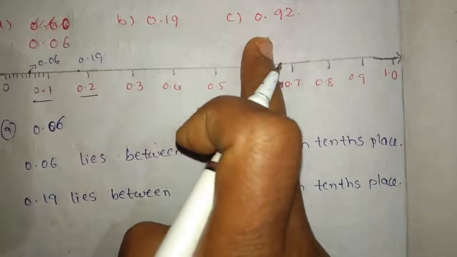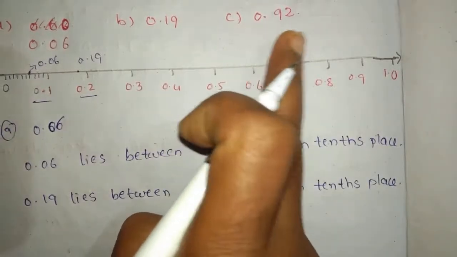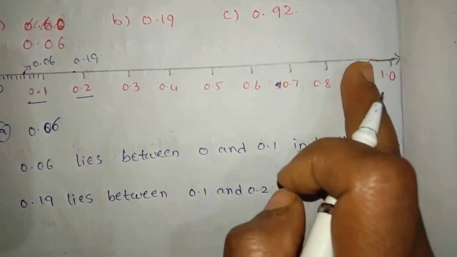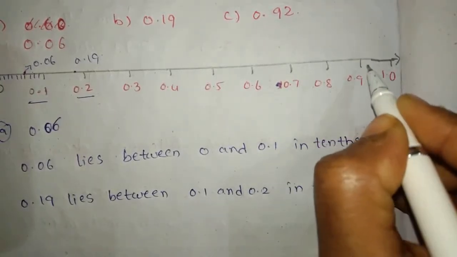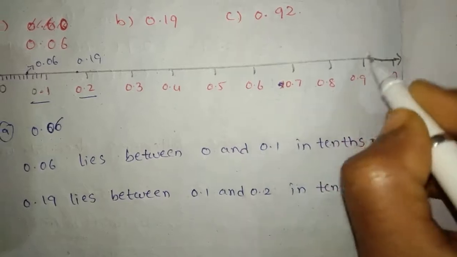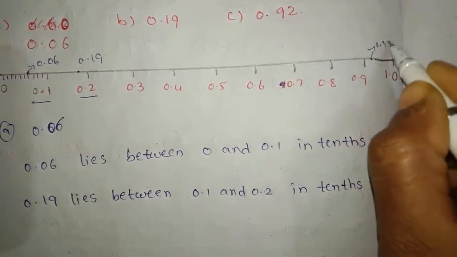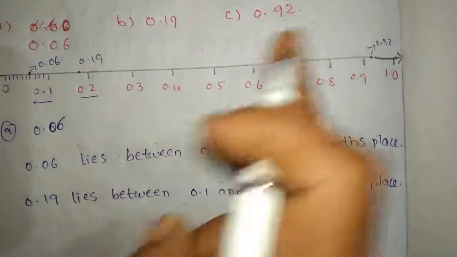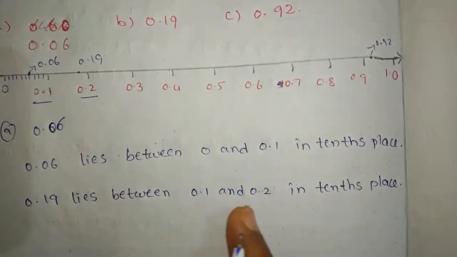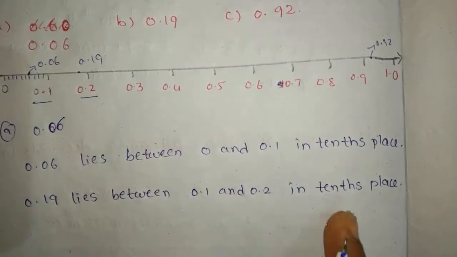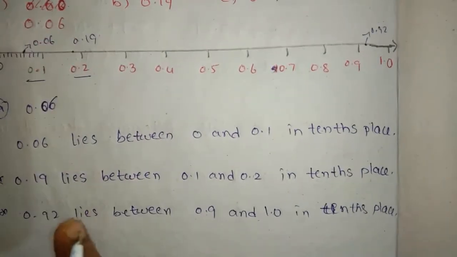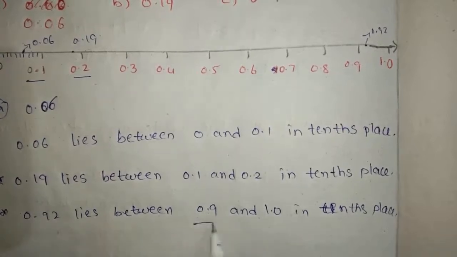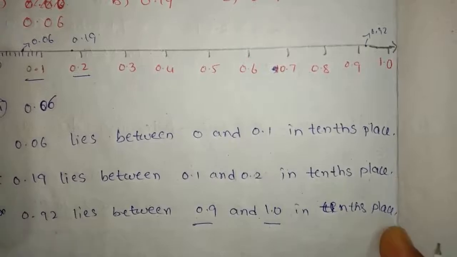Similarly the C one, 0.92. Here 0.9, here 1.0. In the middle of these is 0.92. Therefore 0.92 lies between 0.9 and 1.0 in the tenths place.